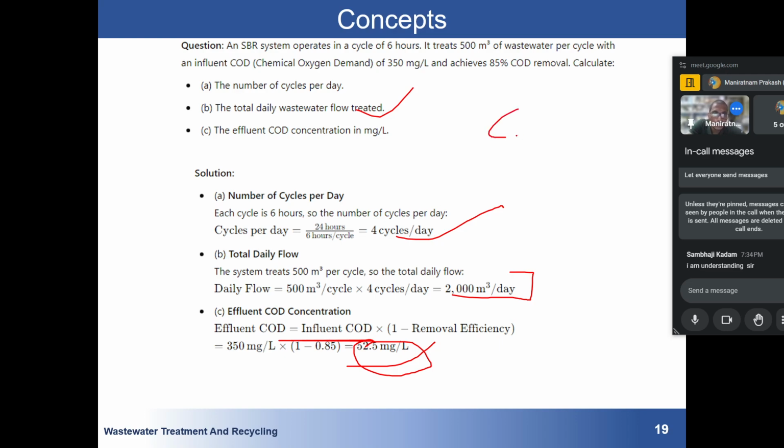We know that the Central Pollution Control Board, CPCB, has given some limits: if COD is between this and this, you can discharge your treated wastewater on land. If the value is between this and this, you can use it for irrigation in agricultural fields. If the value is between this and this, then you can discharge into the sea and so on. So it all depends upon the efficiency. This is how in the real world people generally look at removal efficiency, okay.